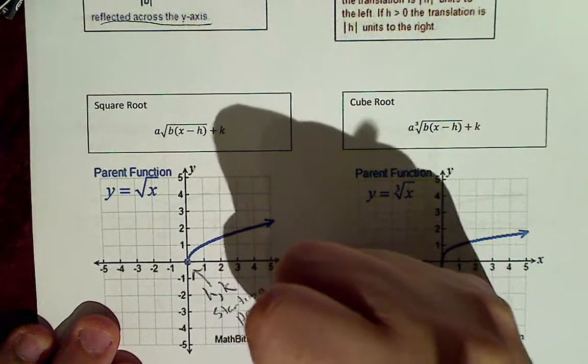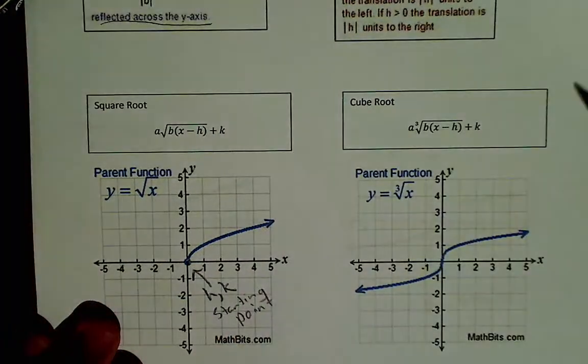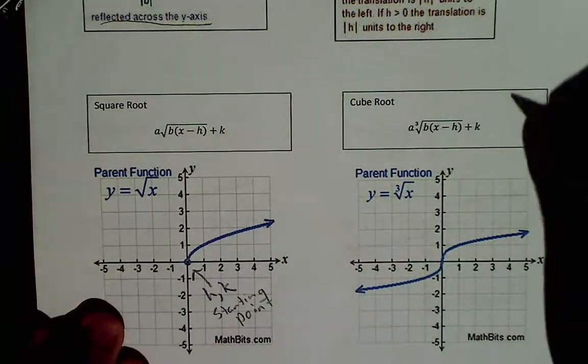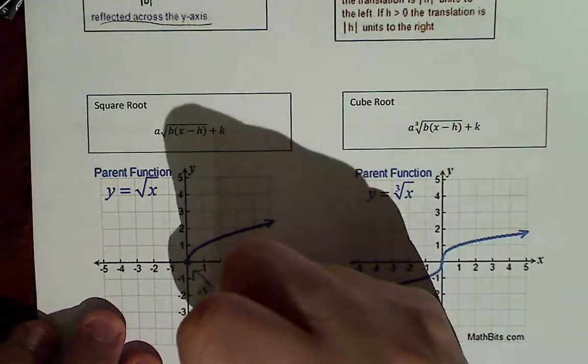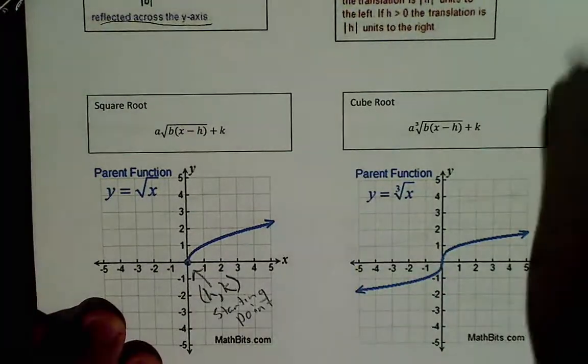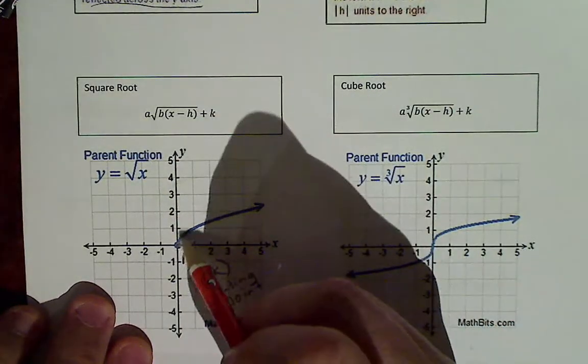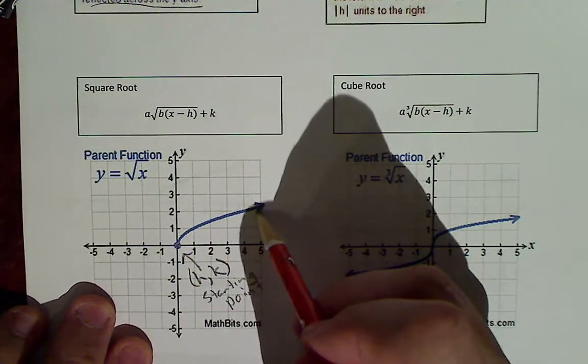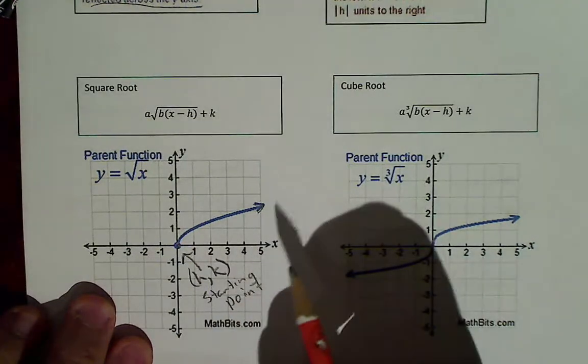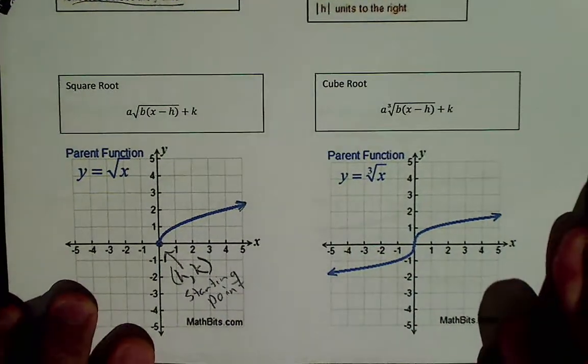Sometimes you'll hear the term vertex point, sometimes the term locator point. They all pretty much mean the same thing. It's the square root of x. It looks like this. You have a starting point, and it goes on forever in this direction. That's the primary parent function for square root.